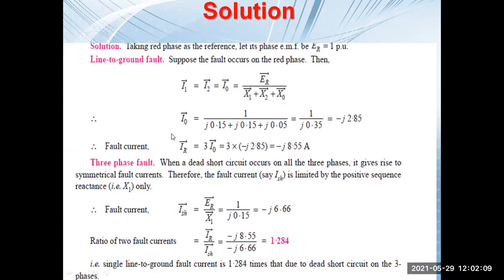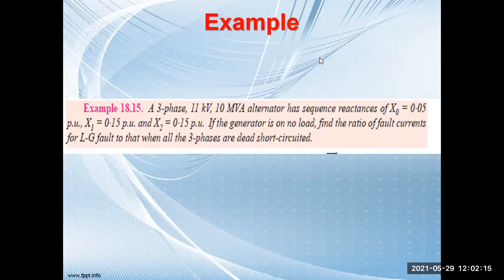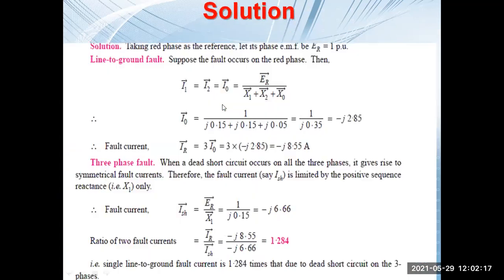Now, first case, it is a single line to ground fault. So let us say ER equal to 1 per unit. Okay, we'll calculate the actual value; this is in per unit. So I1 equal to I2 equal to I0, equal to ER by X1 plus X2 plus X0, because just now we have discussed this formula for the single line to ground fault.